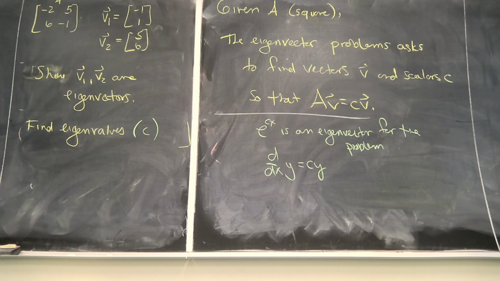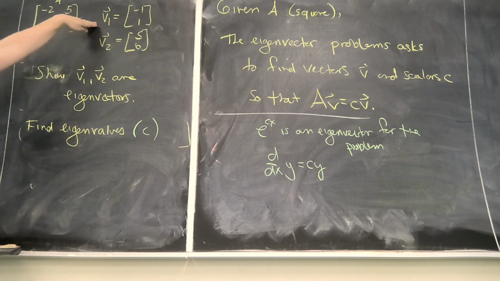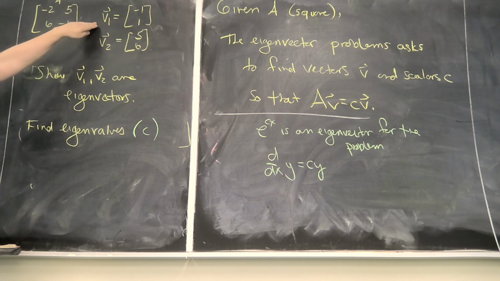So essentially, we want to show that if we take V1 and multiply it by A, we get a scalar multiple of V1 back out again. That is to say, A eats V1 and takes that vector and keeps it pointing in the same direction, just possibly scaling it.